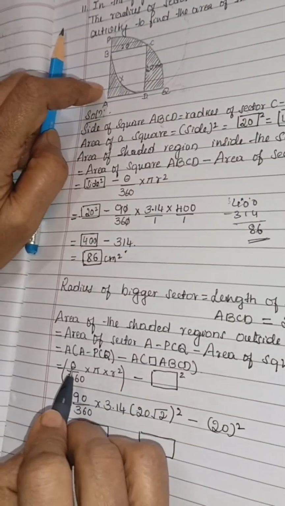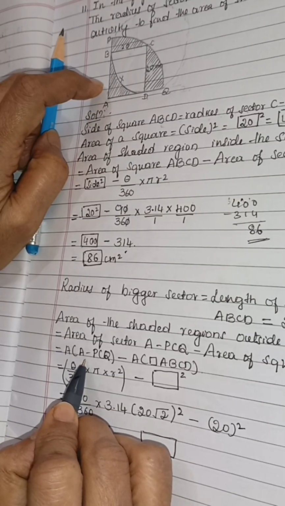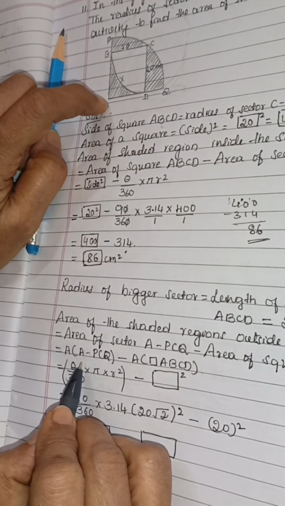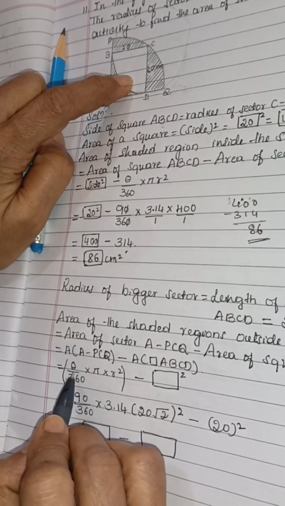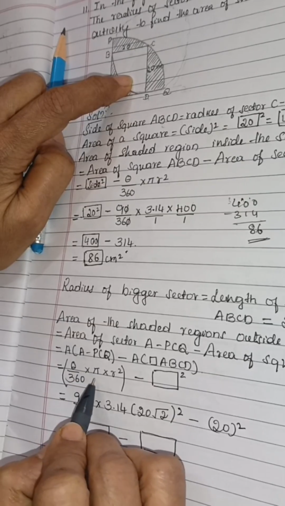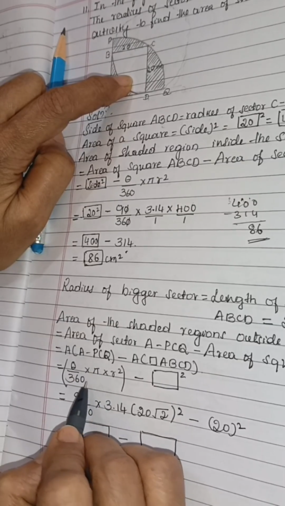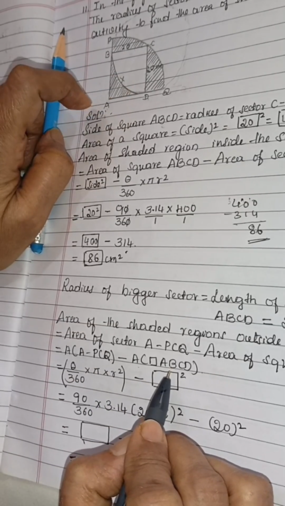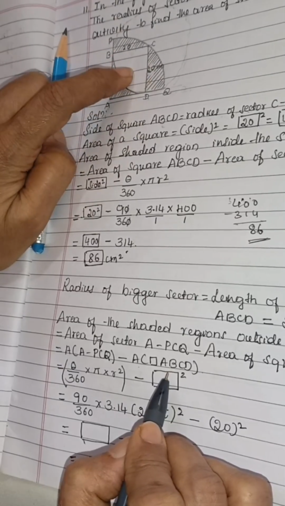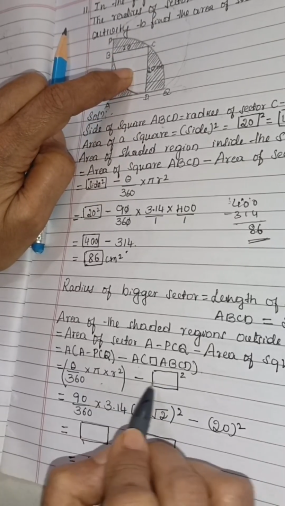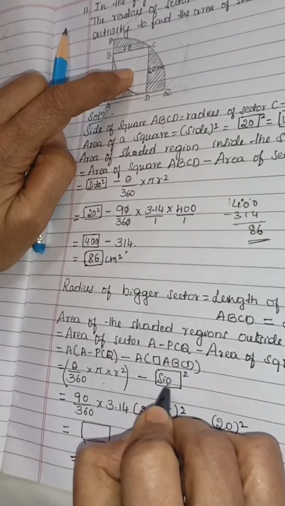We have to fill this in. The area of sector APCQ is theta by 360 multiplied by r square, minus the area of square ABCD, that is side square.